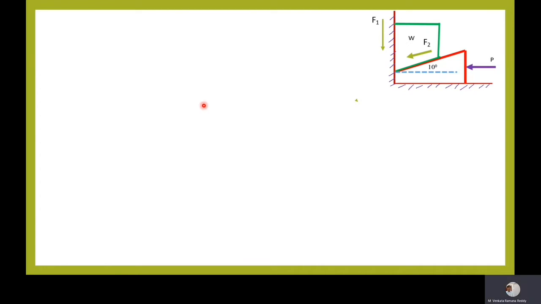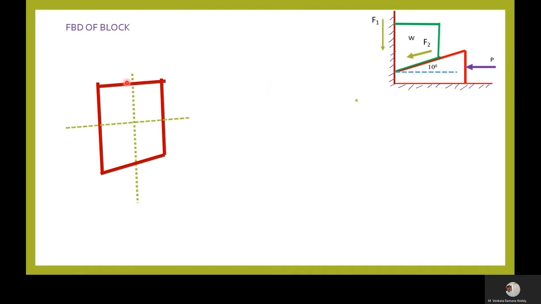Now we'll draw the free body diagram of this block. As the block moves up, the friction force acts down, and the block moves right, so the friction force acts in the leftward direction on the wedge.